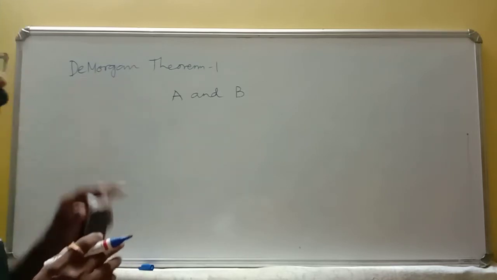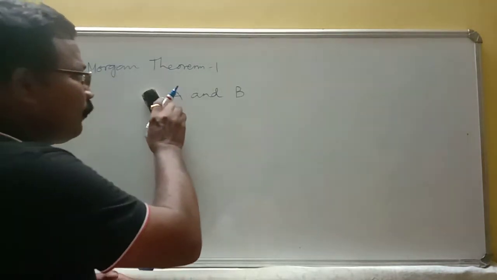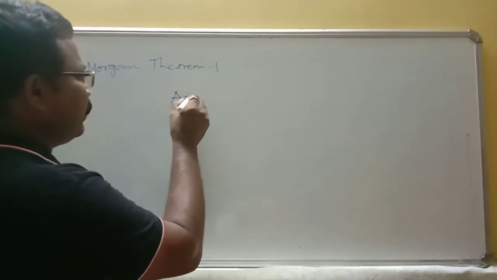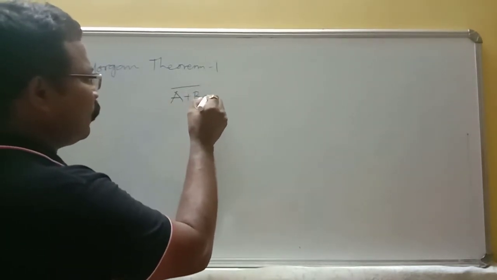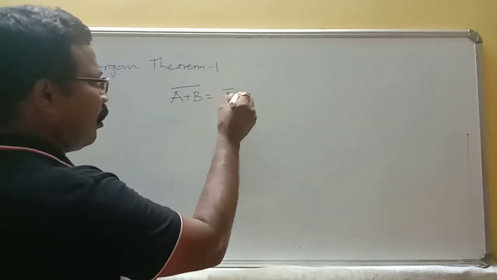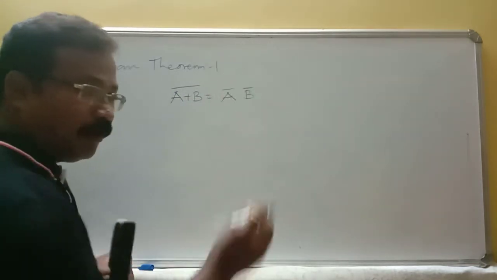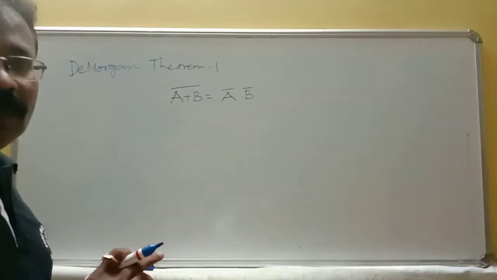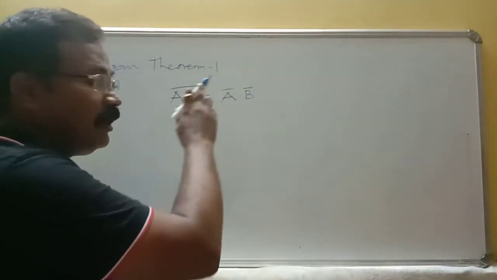This is the first theorem. What is the first theorem? A plus b whole bar is equal to a bar dot b bar.